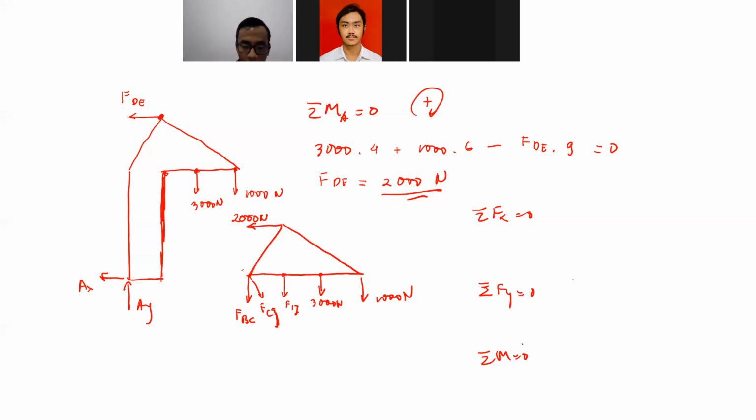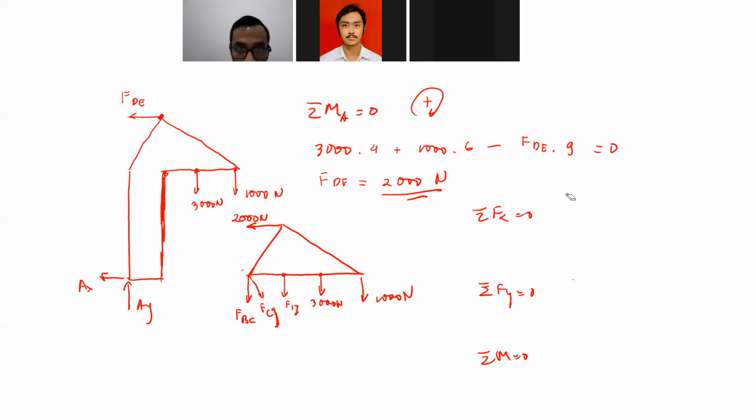Fx, because only CJ and 2,000. Yep, correct. Only CJ has an X component in comparison to FBC and FIJ, which both only have a vertical component, so we can just use sigma Fx.